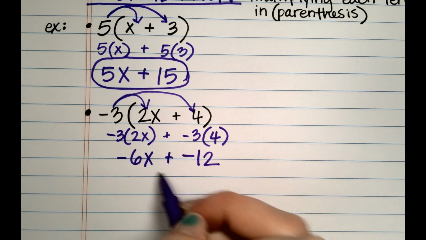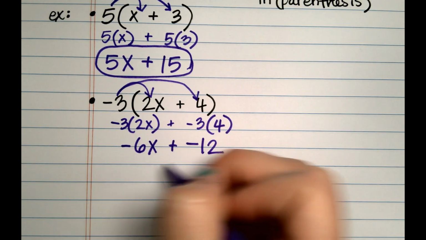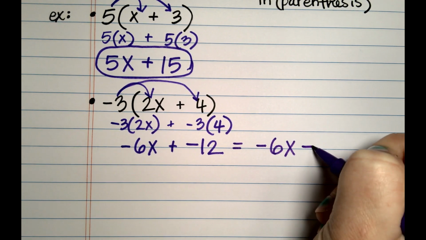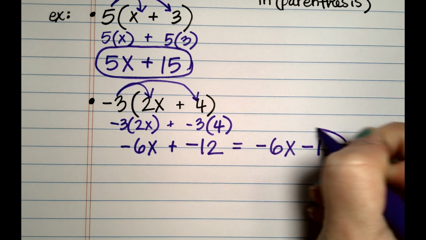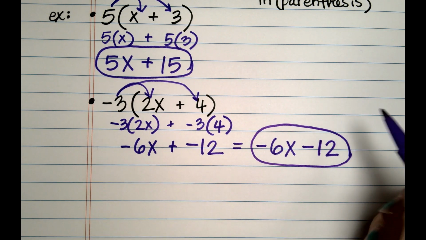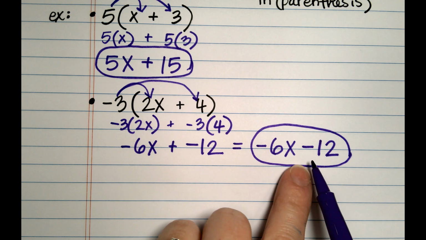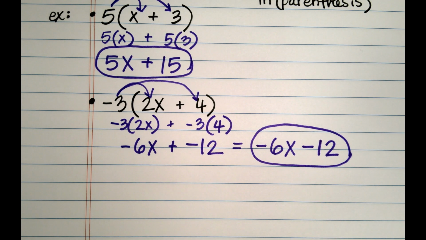I don't need to put the plus there. I can just write -6x minus 12. Just like we talked about way back in pre-algebra, adding a negative is the same as subtracting.